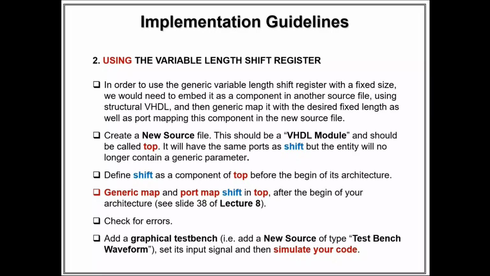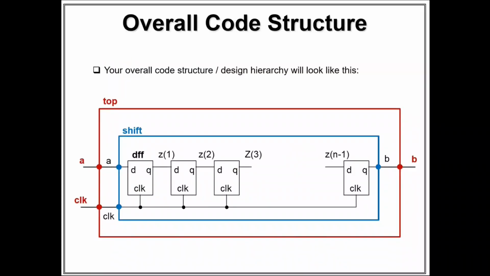So all in all, at the end of the day, your design will look like this in terms of its hierarchical view. You will basically have DFF, which is a subcomponent of Shift, and then Shift would be like a subcomponent of top. And again, in terms of the relevant ports, when you do the port mapping, you will have port A of Shift linking with port A of top, port clock of Shift linking with port clock of top, and then port B of Shift linking with port B of top.